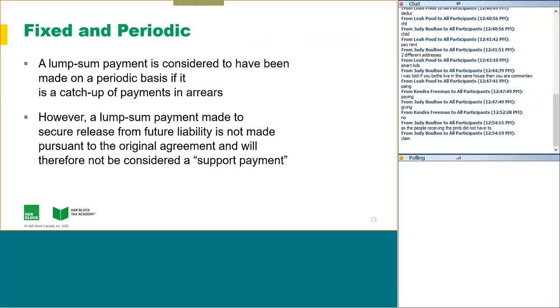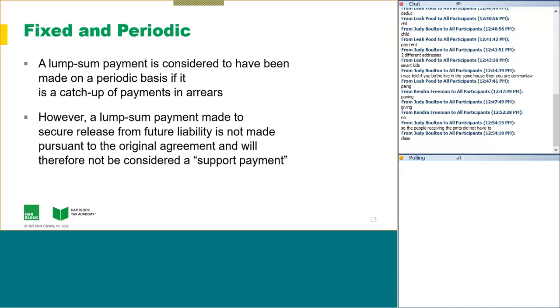All right. Now, there's one rule for lump sum payments. If the reason you got a lump sum of money is because there were periodic payments that were supposed to be paid in the past and they weren't, and now they're catching up, either they're catching up because they voluntarily have repaid what was owed, or they're catching up because there is a government organization requiring them to make the payments, so now they're garnishing their wages or assisting in some way, that lump sum payment will still be considered to be support because it should have been periodic.